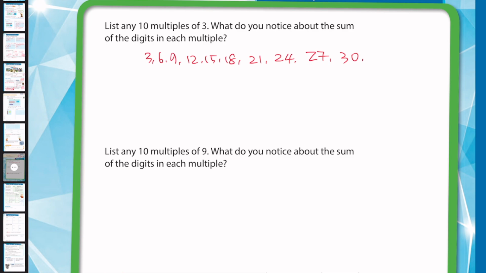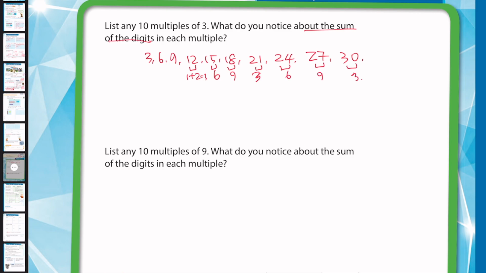They are asking about the sum of the digits. When you add the two digits of 12, 1 plus 2, you get 3.